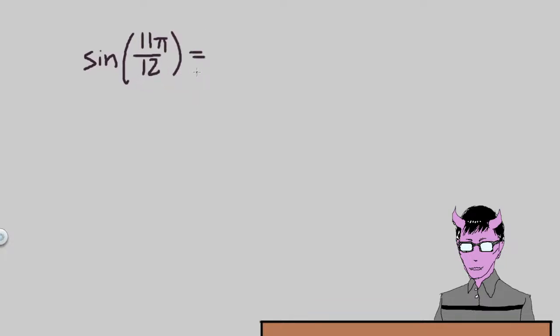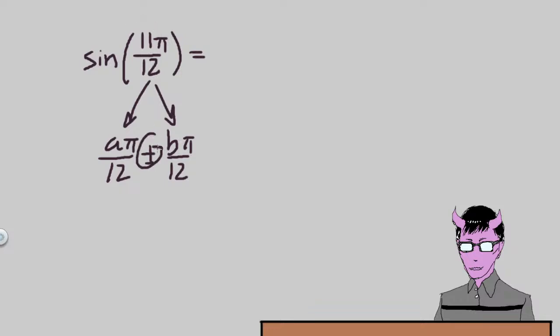Alright, evaluating this one, we have the unfortunate denominator of 12, which is not our favorite, but we can split that. So we have a pi over 12 and b pi over 12. It's a plus or minus, but since it's close to 12, we could just put it as plus. It's probably easier for the plus. So how can we split the 11 into a and b, where a and b are simplifiable with 12?